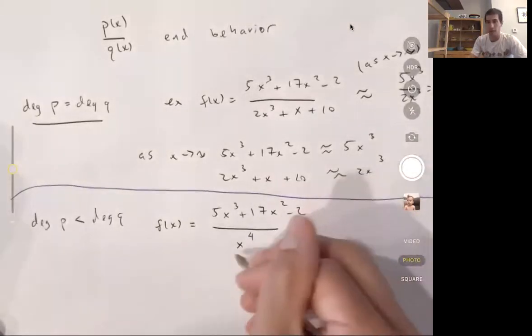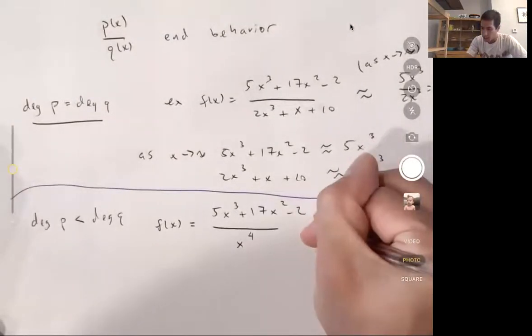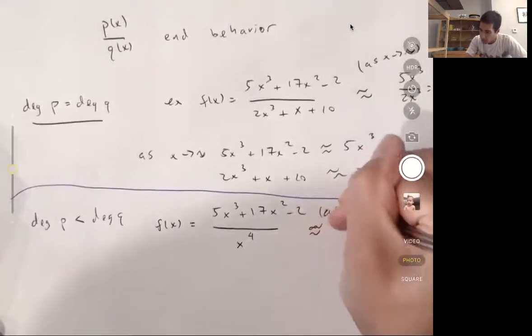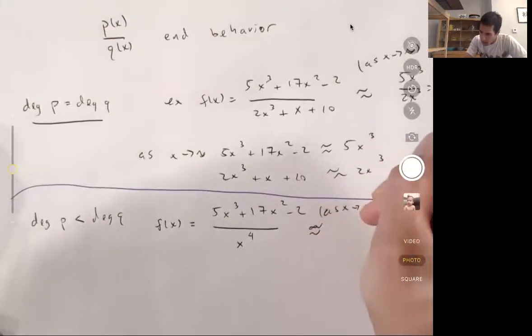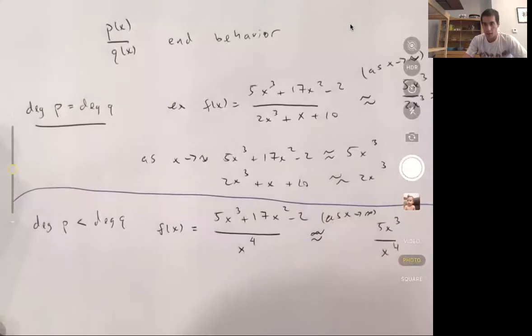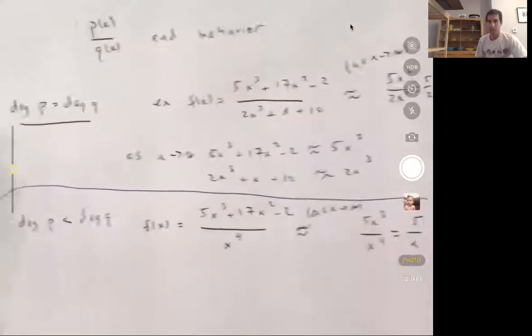So this could be degree 5 or 6 or 7 or whatever. Using the same logic, as x goes to infinity, this is going to behave like 5x cubed divided by x to the 4th. And this is the same function as 5 over x, as long as x is not equal to 0.